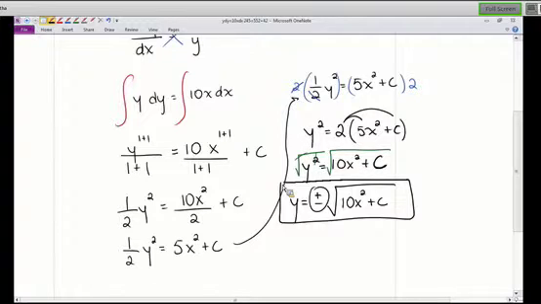Going back to 8a in the last review, they gave the answer with plus c.